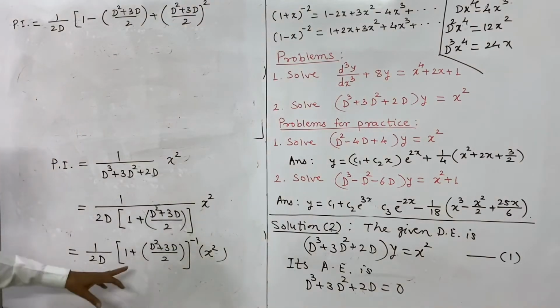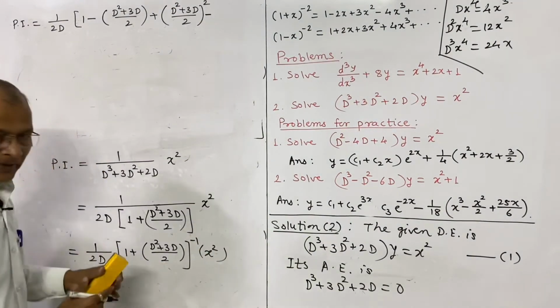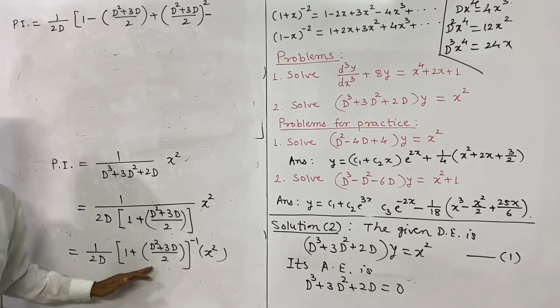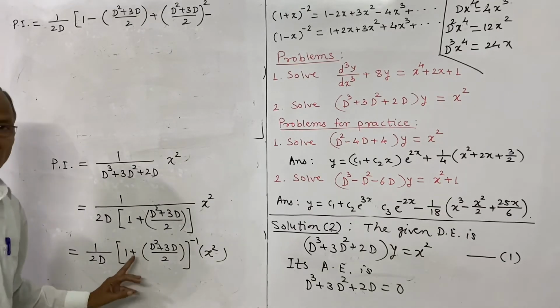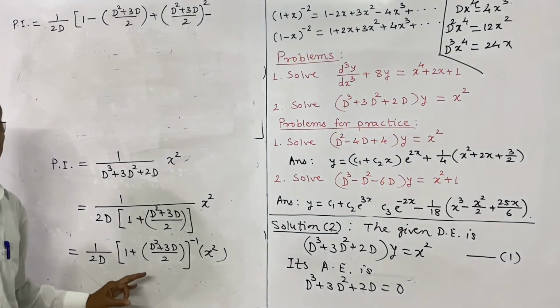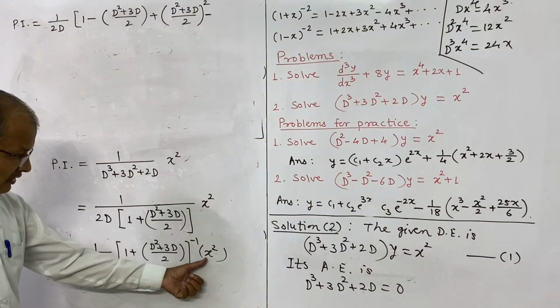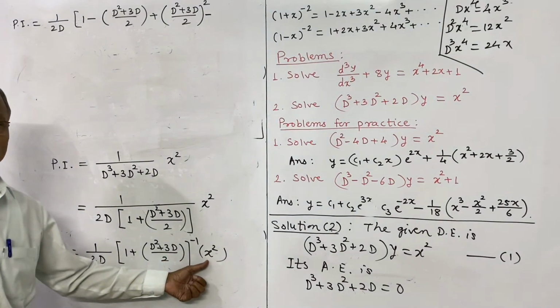Now you see the next term will be negative, but the power of x is 2, and we need only the terms up to order d square. Higher order derivatives of x square will be 0.